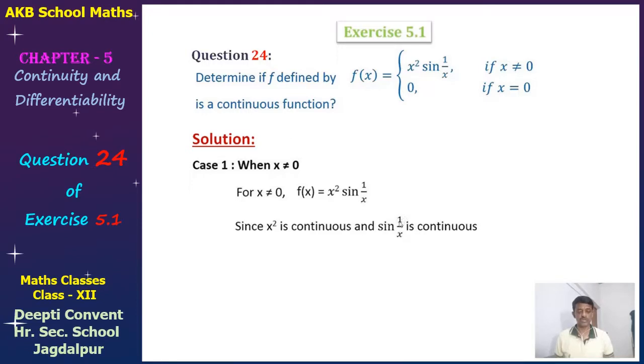So these two are continuous functions. Now due to algebra, the product of two continuous functions is always continuous. So x² sin(1/x) is continuous as a product of these two continuous functions. Therefore f(x) is continuous for x not equal to 0. So this is a different method, using the algebra of continuity of functions.